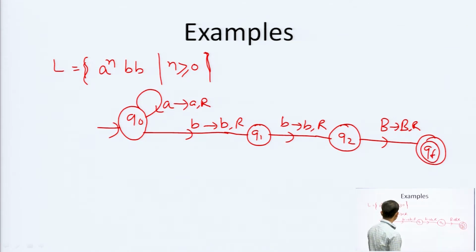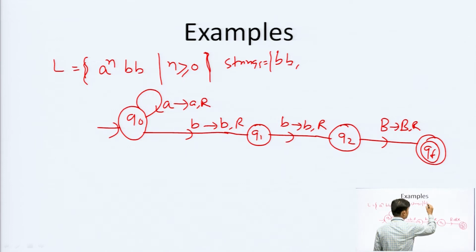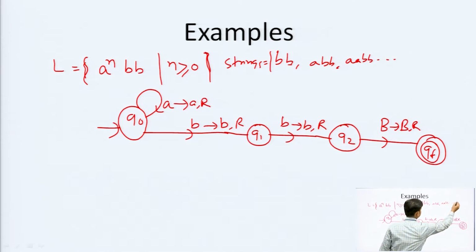You see, all strings ending with 2b are accepted, but before that everything should be A. Before 2b, all should be A. The minimum strings accepted are B, then AB, then AAB, and so on.